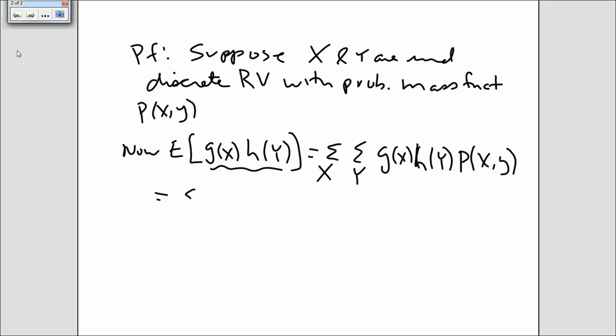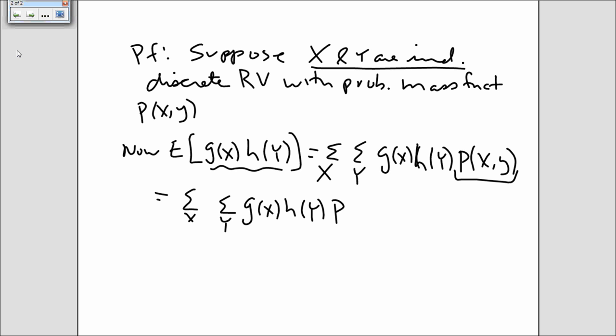But since X and Y are independent, it's just p of x times p of y.